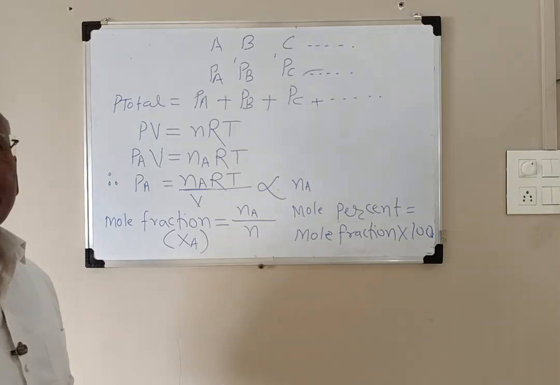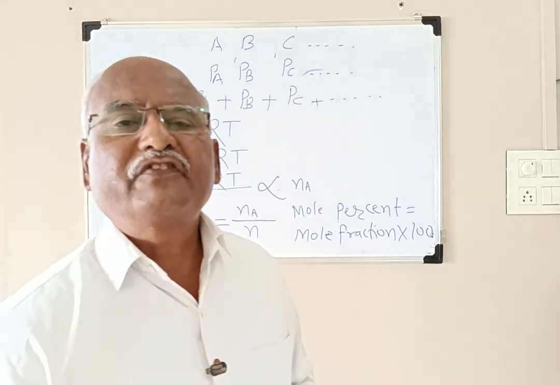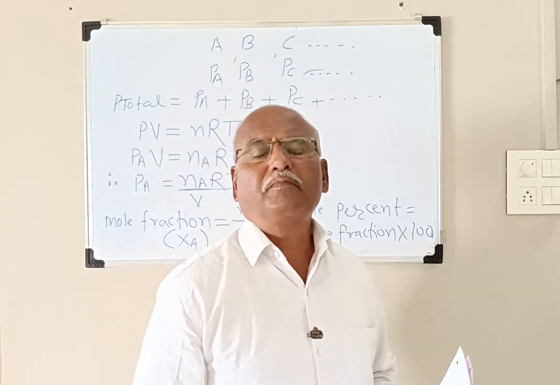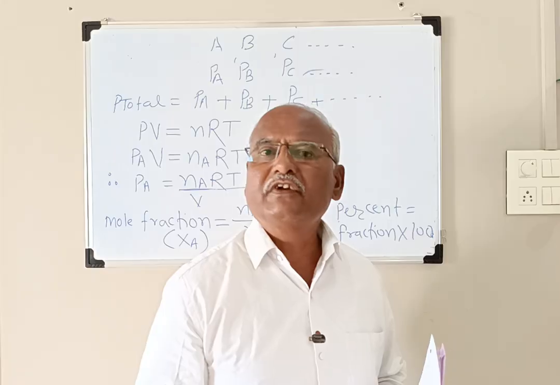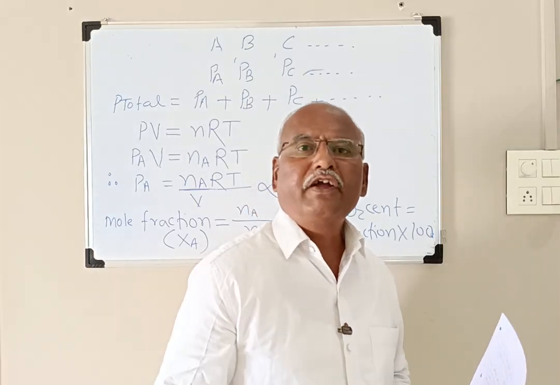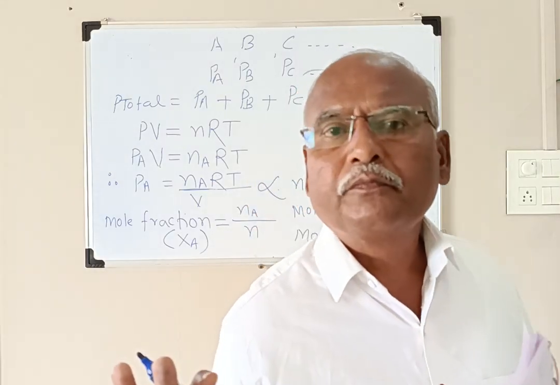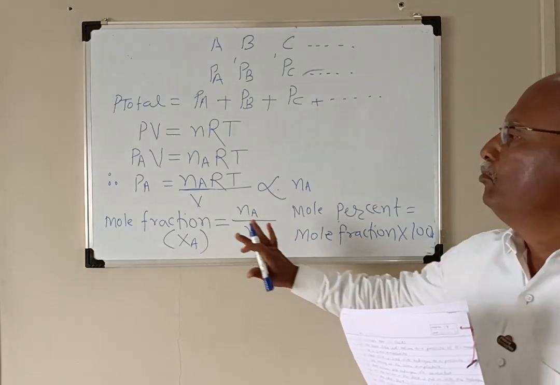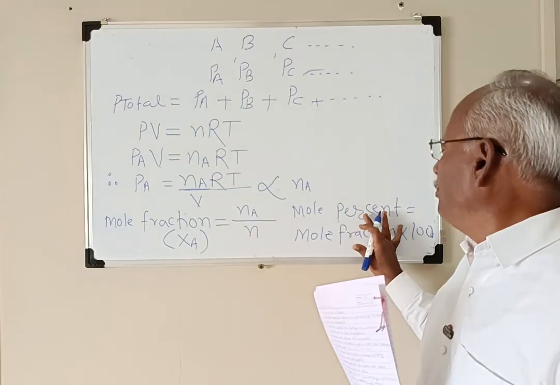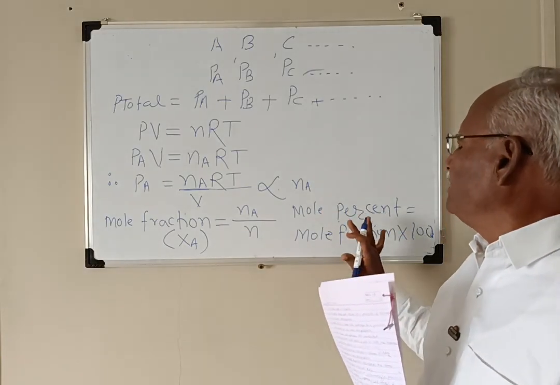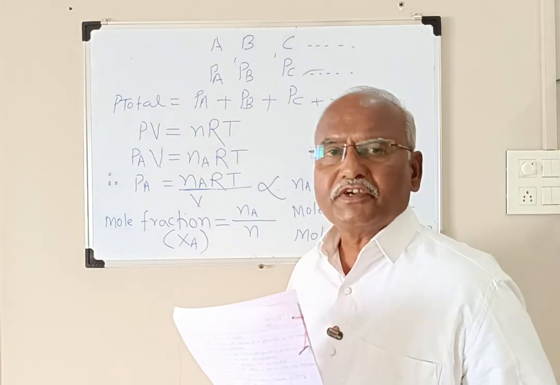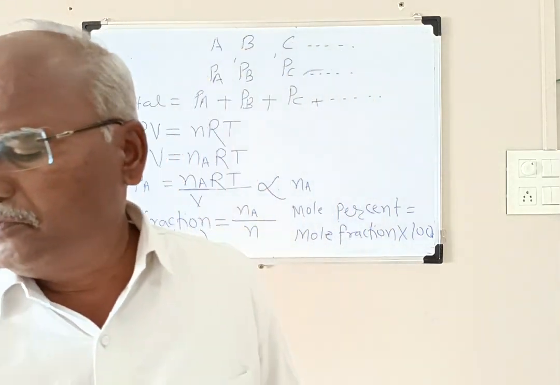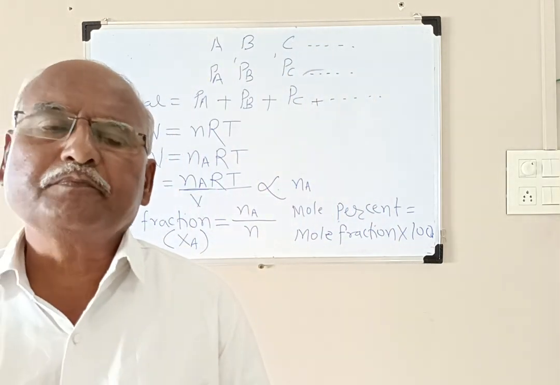So whatever I explained: what is a gas mixture of unreactive, non-reactive gases, hydrogen and helium, the partial pressure definition, mole fraction, and mole percent. I think up to this point it is clear.